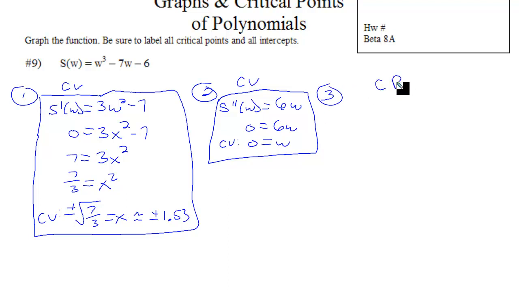Step 3, determine the y values of your critical points. So we got 3 of them. When you do this, do it in ascending order from smallest to biggest. 0's in the middle. Square root of 7/3 is the biggest. Negative square root of 7/3 is the smallest.